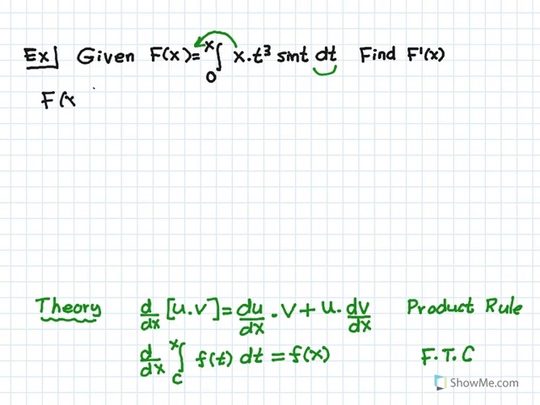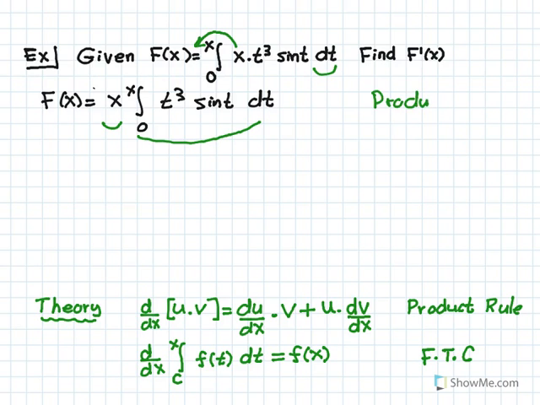F of x is equal to x times the integral from 0 to x of t cubed sine t dt. Now you will notice that we have a product of two functions that involve x. We have x times this integral that involves x. That means we have to apply the product rule. All right, let's apply the product rule.